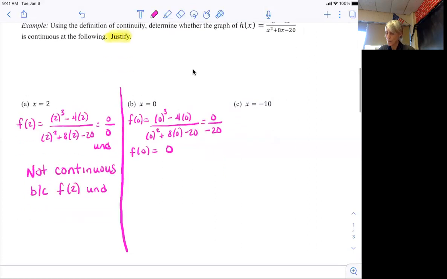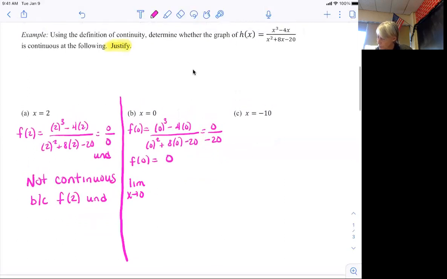Now I'm going to evaluate my limit, the limit as x approaches 0 of this function. Once again, when I go to evaluate my limit, the limit as x approaches 0 is 0.